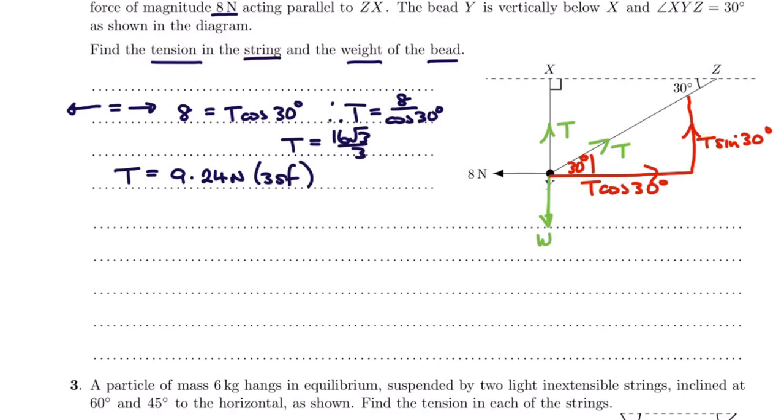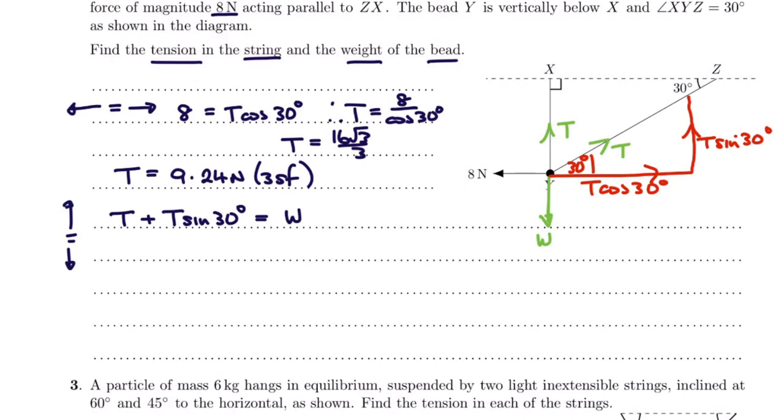Now, if we balance the forces, up equals down, you can see that the forces going up is T plus T sine 30, and that equals W, which is my weight. And I'm going to, again, use as accurate an answer as I can.